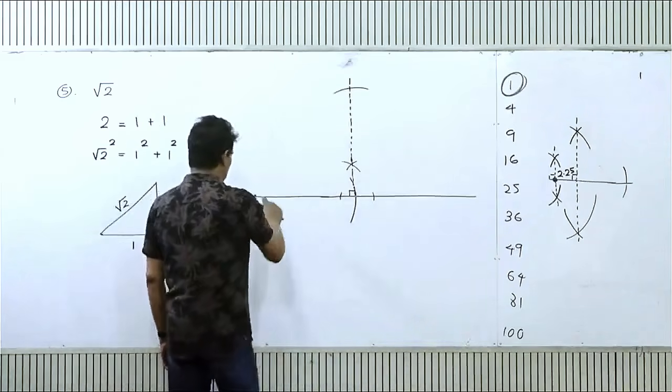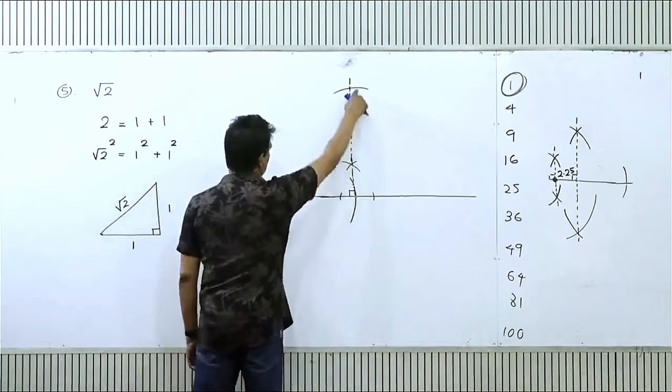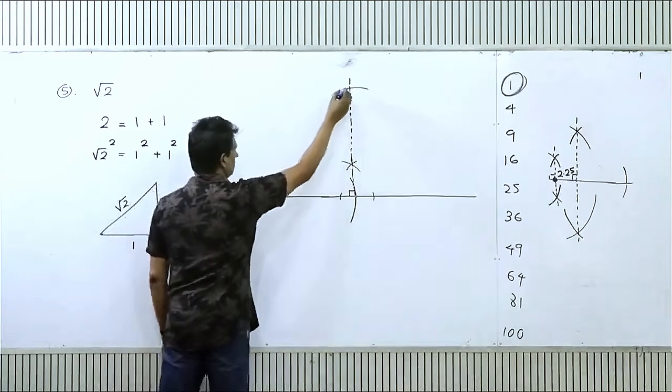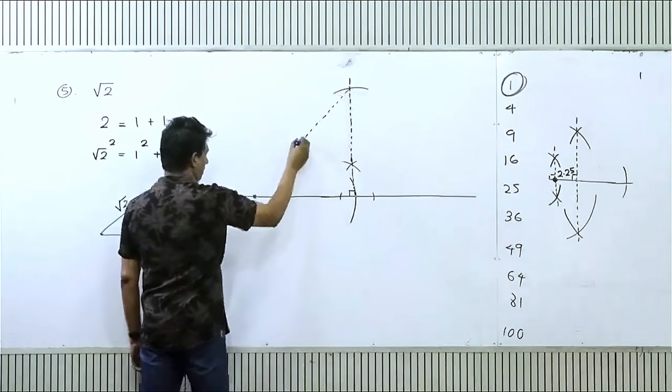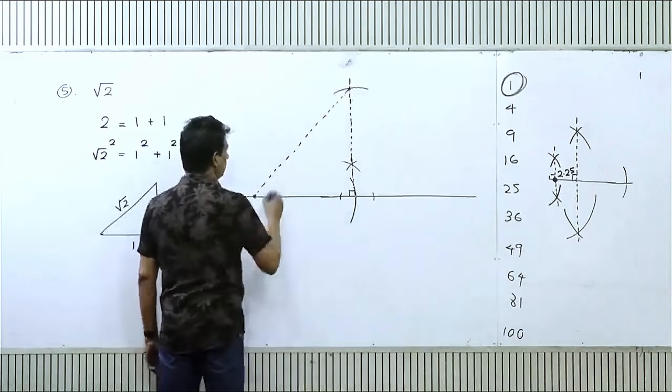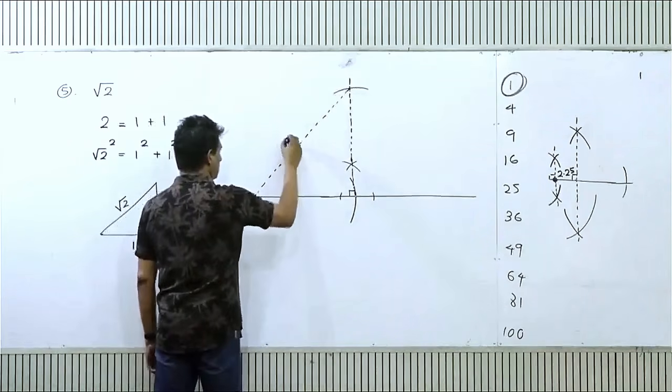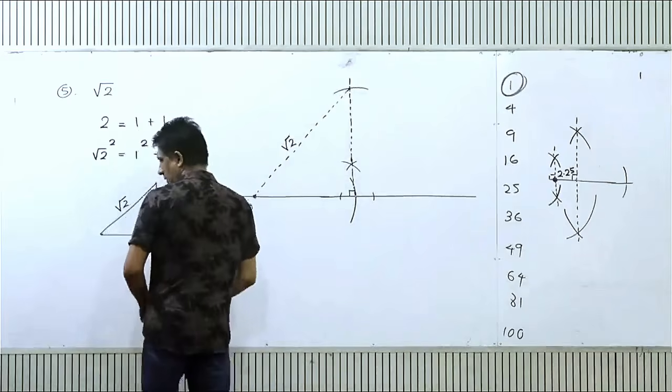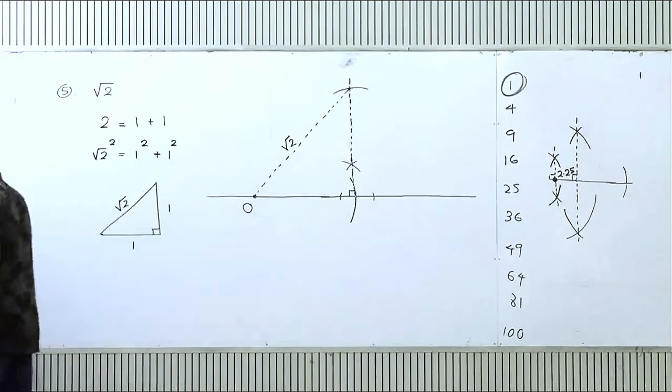Then what happened? This length is 1, this length is also 1. If we join these 2 points, then what is the distance of this one? Root 2. No? This distance is root 2.